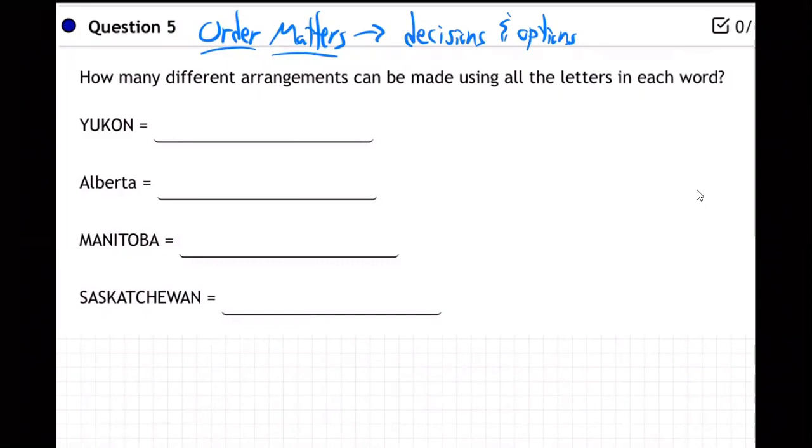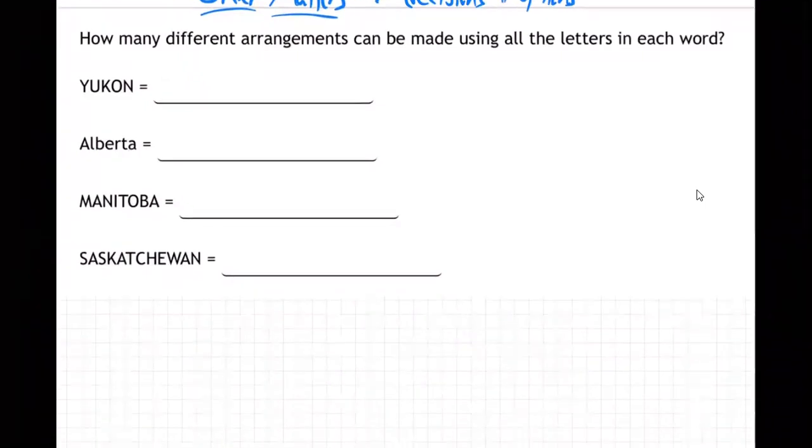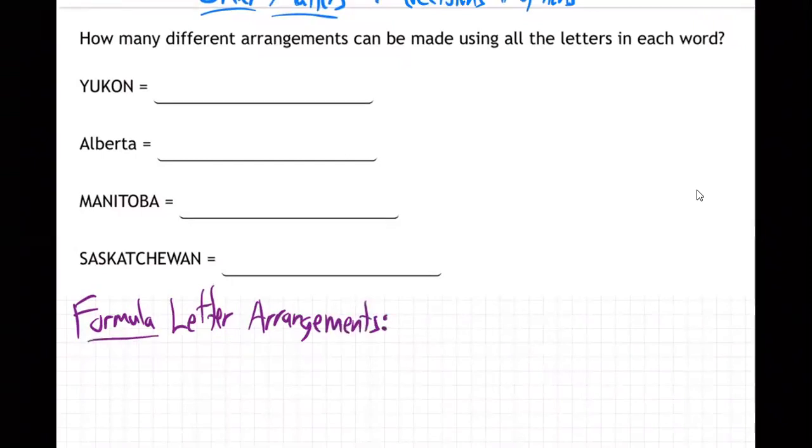And here's how it's going to go. In fact, let me just put it right down here. Formula for letter arrangements.